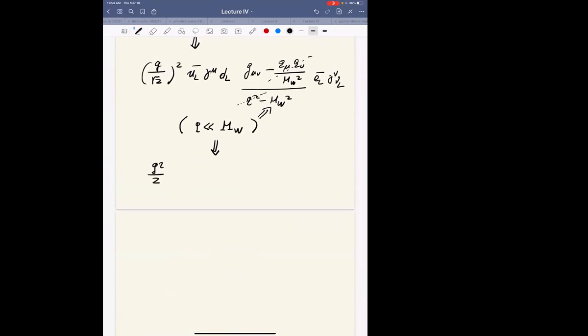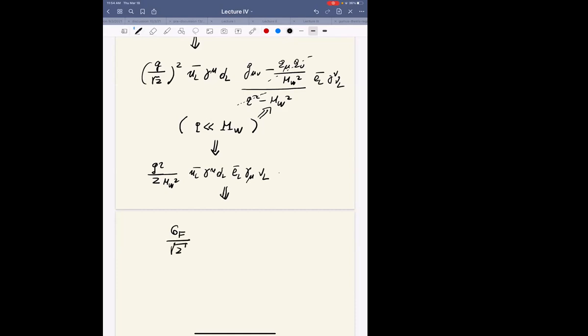And I get, what do I get? I just get MW square up to a sign. This is proportional. No, proportional, it's just up to a sign. So let's not worry about the sign. G square over MW square, UL bar gamma mu DL, EL bar gamma mu nu L. This is, in other words, from here immediately you get the G Fermi over square root of 2.